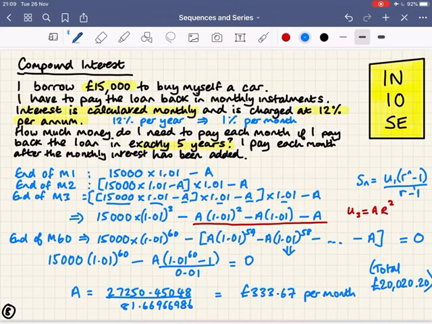Look through that yourself slowly, just to look at what I've done there. But the secret to that question was writing down what's happening in the first few years to see if you can spot the pattern, and out of that came a geometric, which we can find the sum of, and then a nice simple expression on the left hand side, which was just for the nth term of a geometric sequence.